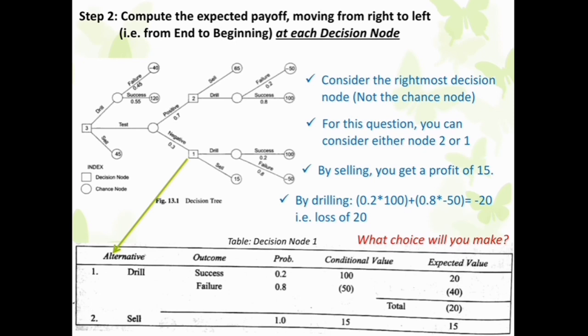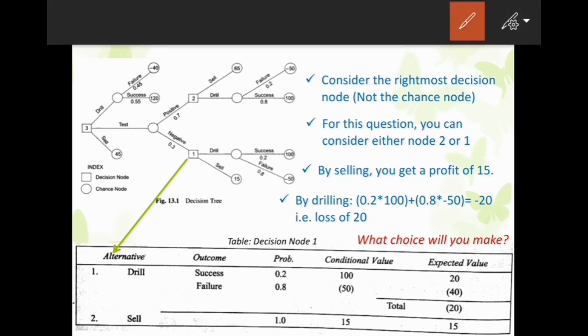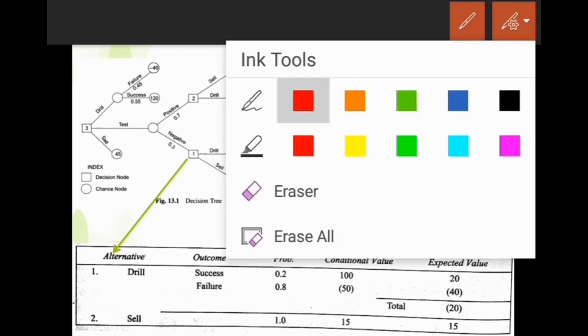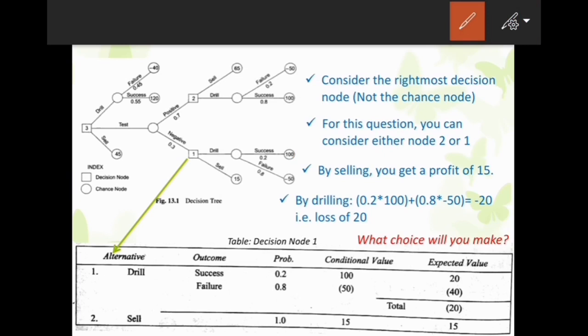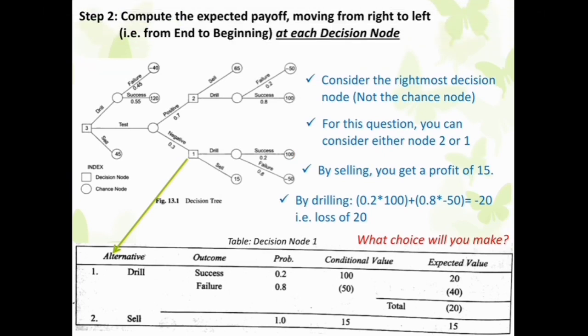So in case of a tie, you can select either of these two decision nodes. But if there had been one more decision node at this point, then obviously you would have to take that node. Since there is no node like that, it's fine. So we are going with decision node 1.